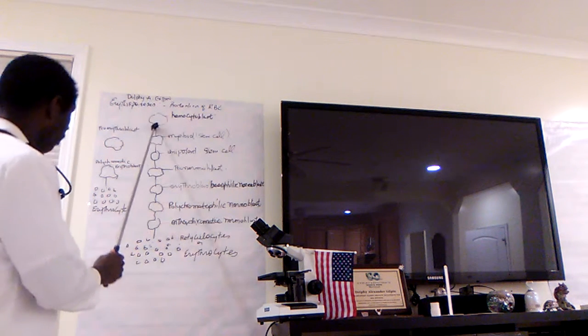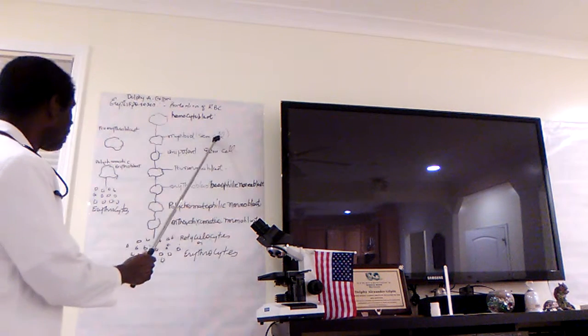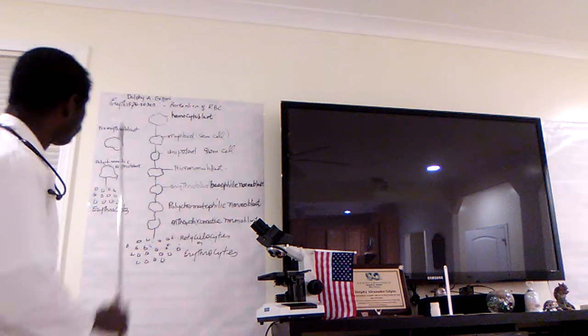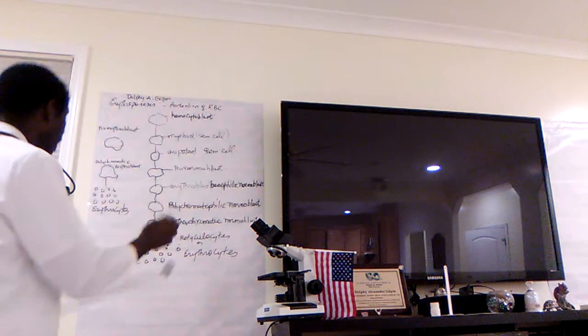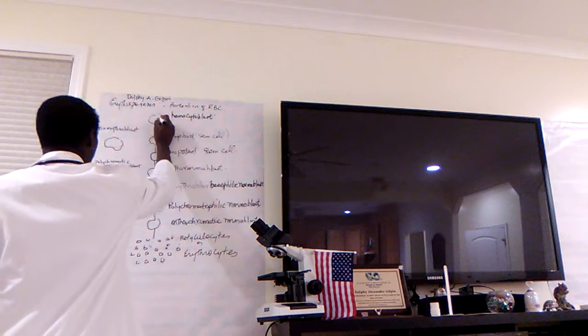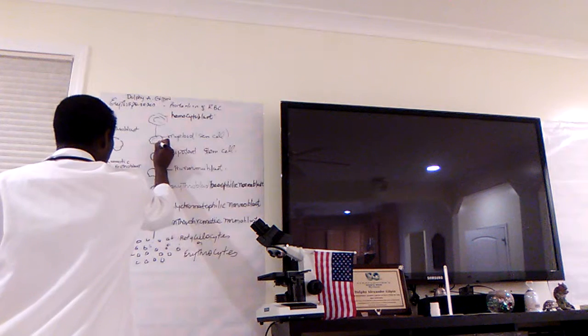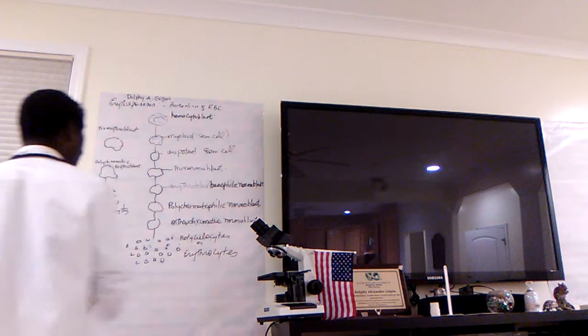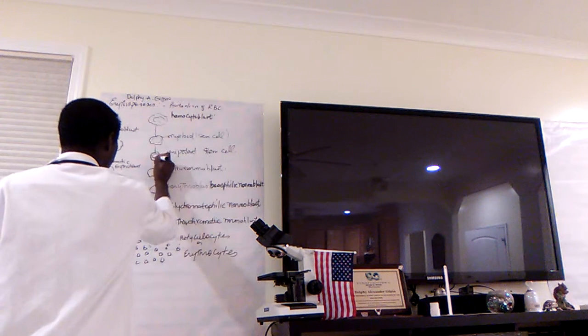And from this, in the erythropoiesis process, it goes to the myeloid stem cell, then it goes to a unipotent stem cell, and these cells are not really drawn to scale. This is the hemocytoblast, and this is the myeloid stem cell, and it goes to a unipotent stem cell here.